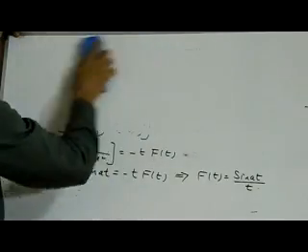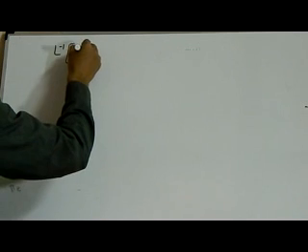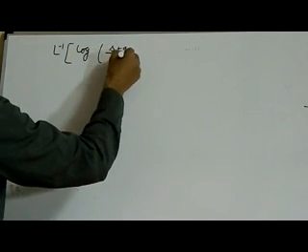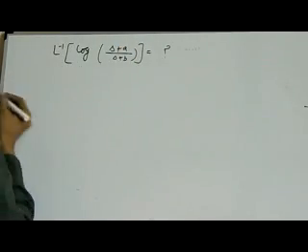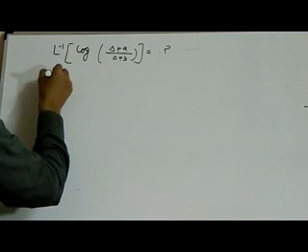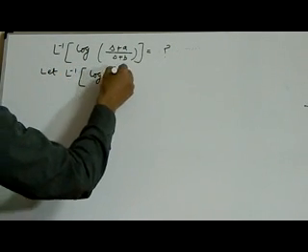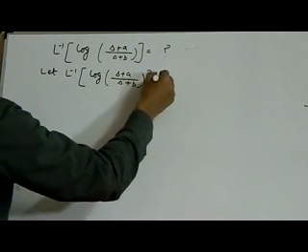Suppose I have to find the inverse transformation of log of s plus a upon s plus b. As usual, I don't know what will be the right hand side, so I am assuming, let L inverse of log of s plus a upon s plus b be f of t.